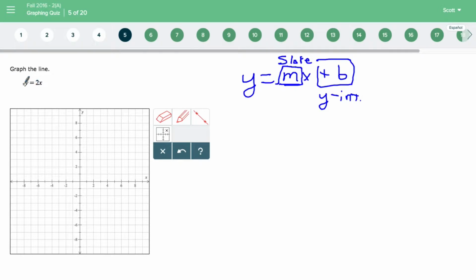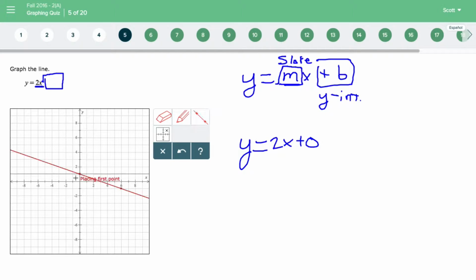Now we see right here I have my slope, but I don't have my y-intercept. It's missing. Whenever that y-intercept is missing, it's always just 0. It's y equals 2x plus 0. Okay? And that tells us where we're putting our very first point. Right here at 0, 0, where y is 0. That's our y-intercept.